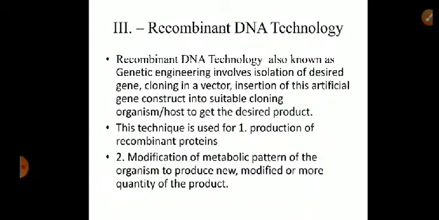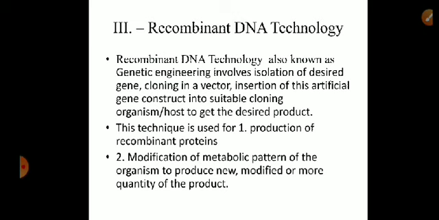Now the third technique for strain improvement is recombinant DNA technology, which is also known as genetic engineering. What does it involve? Cut and paste technology. We isolate a desired gene from one organism and put it into a cloning vector like a plasmid, a cosmid, a phasmid, or a phage.